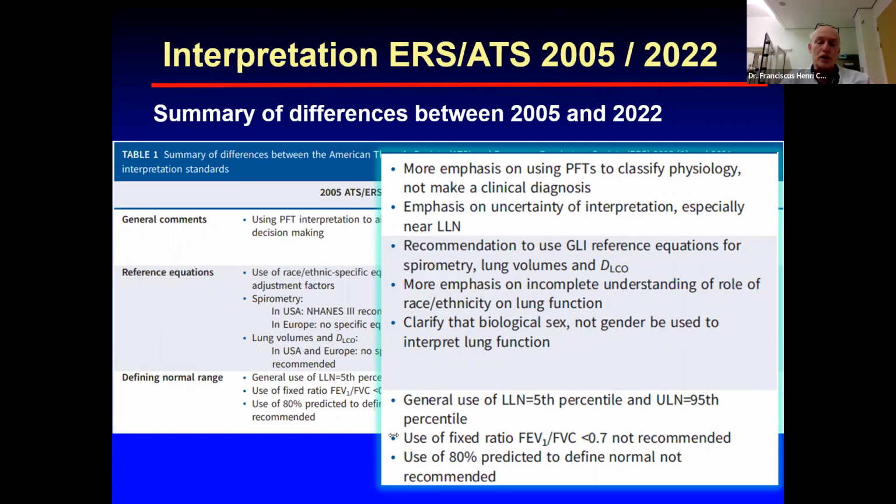A person who was a refugee coming out from Baghdad had a vital capacity and a TLC, total lung capacity, which was 1 liter lower than the lower limit of normal. So my clinician colleague asked, do I really have to treat this person as being restrictive? And I said, I don't even know if the GLI gives correct values in this case.